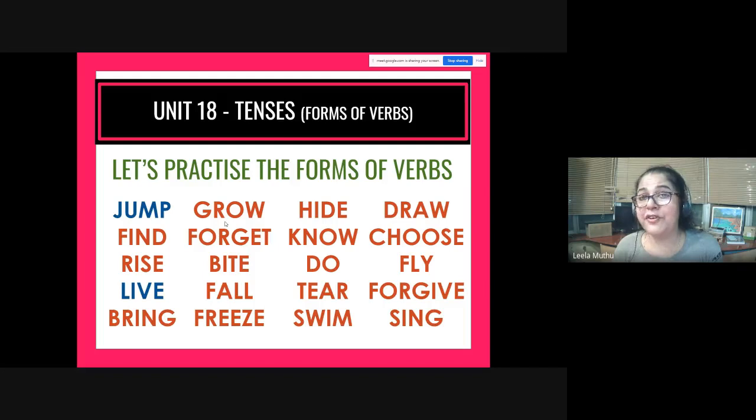He has fallen off the horse. Freeze, froze, freezing, frozen. The lake has frozen. Hide, hid, hiding, hidden. He was hidden from sight, or he had hidden behind the tree, or she has hidden the treasure.